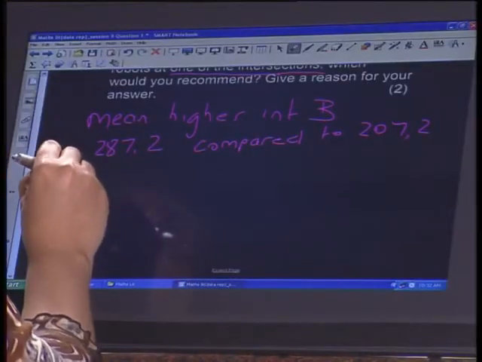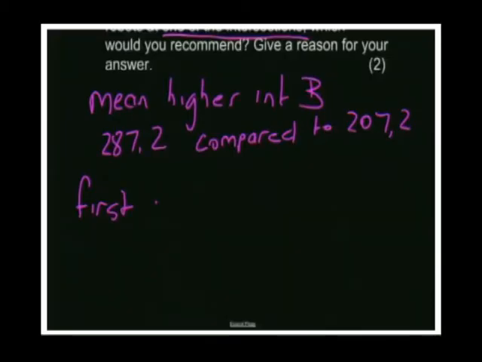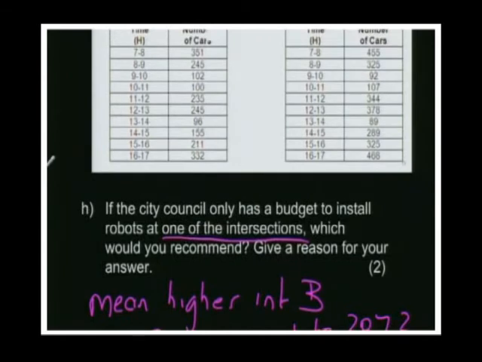So we had 80 more cars going through intersection B every single hour of this 10-hour shift. And the other thing we're going to look at, well, the first hour intersection B was busier. And again, it was quite a lot busier. If you look at the numbers, we had 455 compared to 355, almost 100 cars more.